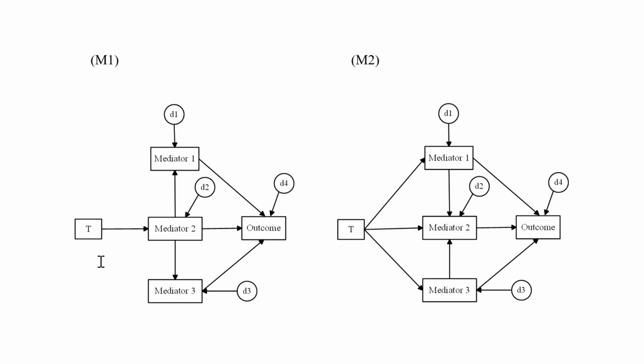Model 1 says that the treatment influences mediator 2, which in turn influences mediators 1 and 3, and then all 3 of those influence the outcome. By contrast, the second model says the treatment influences each of these mediators, that mediators 1 and 3 influence mediator 2.